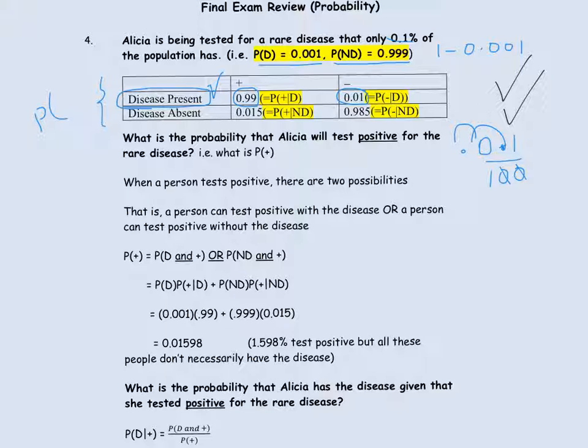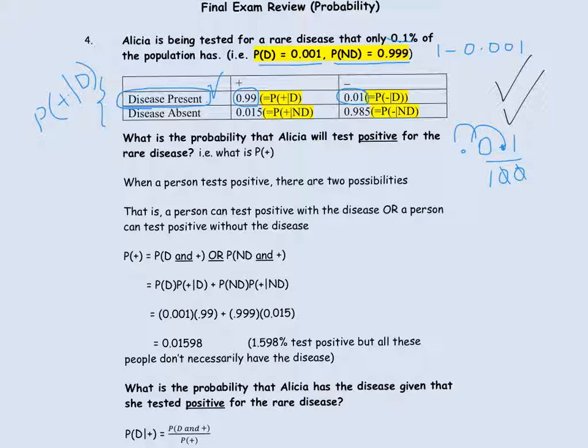So what is the probability that they'll show positive, knowing that they have the disease? Just remember that these two numbers in the top row are related to the group that actually has the disease. So 0.99 is equal to the probability of positive given disease.